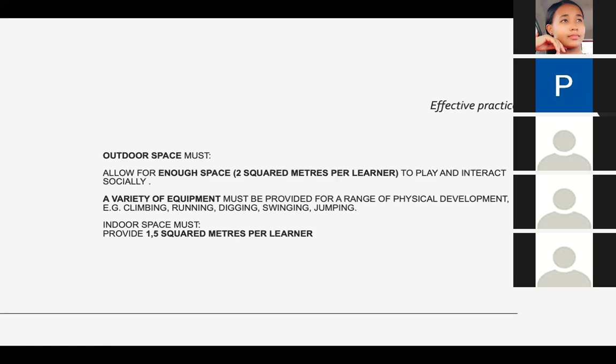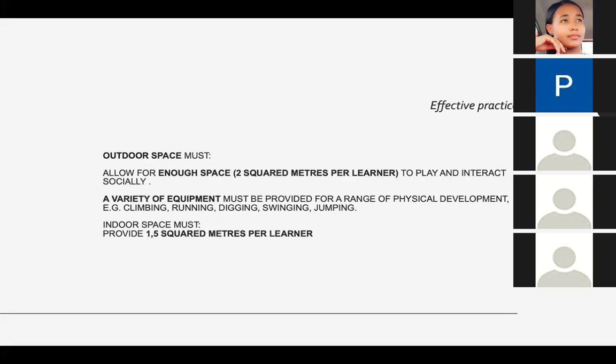So that's the one rule. They look outside and they say, number one, how many square meters do you have? Let's divide that by 2, because that's the amount of children you can have. Number two, does the outside have space for running, jumping, digging? Is there actual movable space for the child? Finally, if you go indoors, it must be 1.5 square meters per learner.